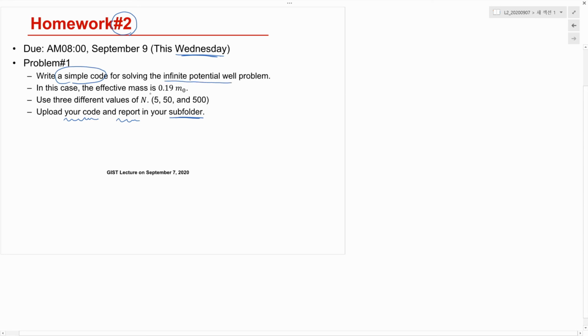In this case, the effective mass is just 0.19 m0, where m0 is the electron rest mass. And use 3 different values of n: 5, 50, and 500. You can easily solve the problem.